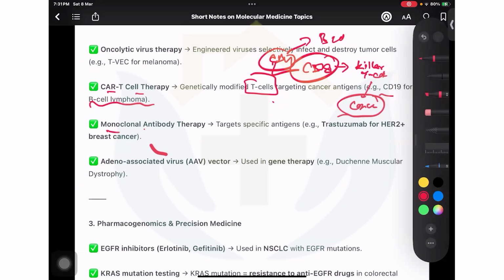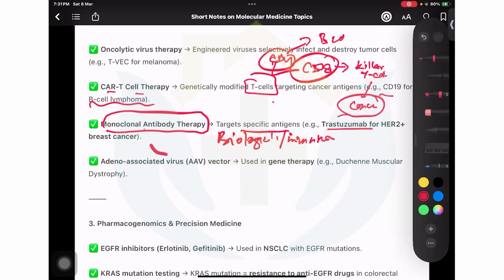And then definitely everybody nowadays knows that monoclonal antibody therapies are being used, which are known as biologicals therapy, biologicals or immunologicals. This is what they are called. So these are target specific antigens. For example, trastuzumab is the most famous HER2 neu breast cancer drug.